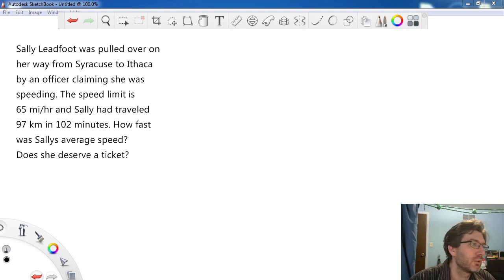If you didn't look it up already, things you need to know is miles to kilometers, which I did give you a sheet to look up. This one actually gives the reverse, and you could also use your book. It tells you 1 kilometer equals 0.62 miles. So you need that information, or you could use what the book gives you.